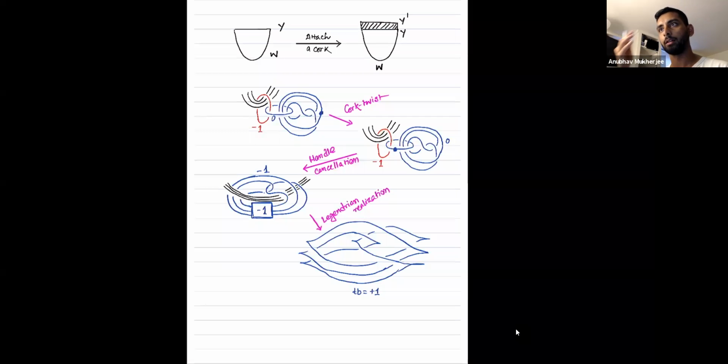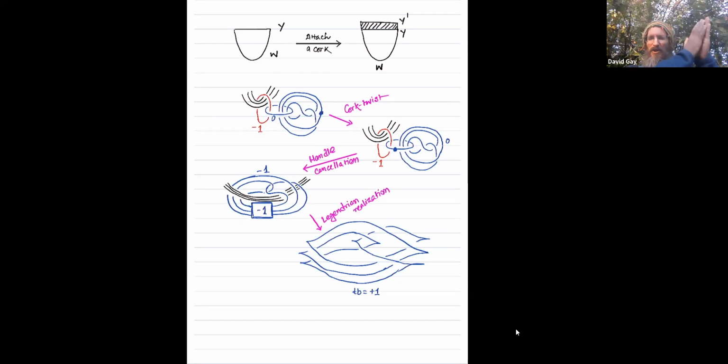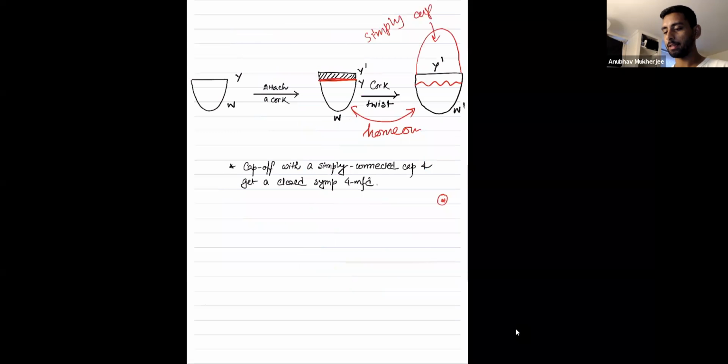But I don't know how crazy that homeomorphism is. For all I know, there are homeomorphisms that wrinkle everything. Yes, somehow that doesn't happen here. In particular, that's the second part: by a single stabilization, you can fix that problem.